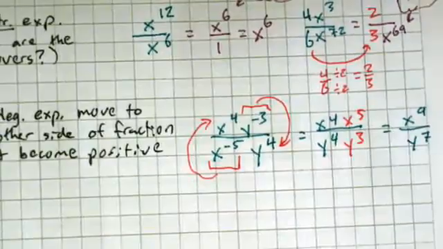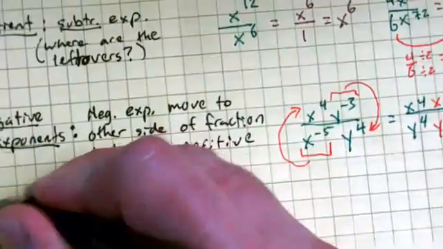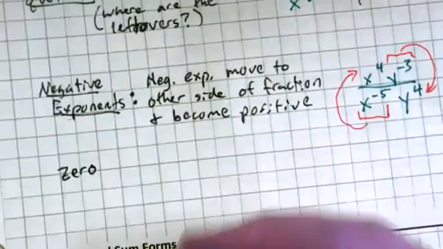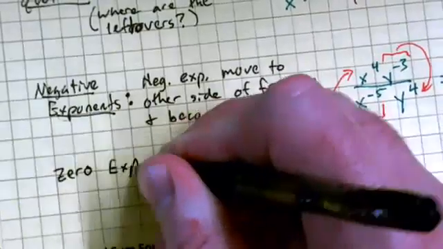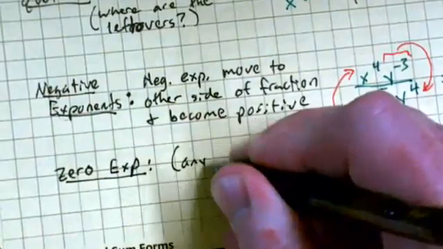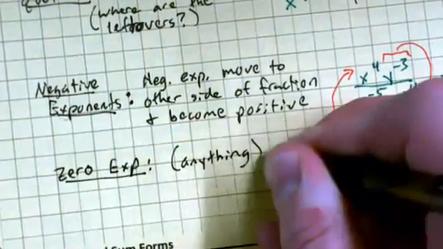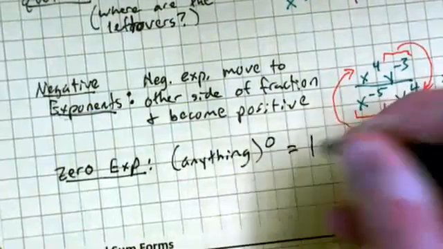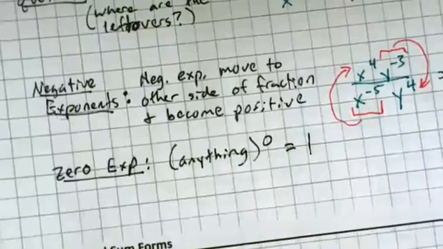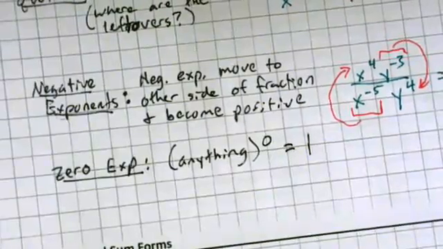So that's what we need to know about zero exponents. Let's write some notes down. Some examples. Zero exponents. Anything to the zero power is 1. There's one exception to this. You cannot do zero to the zero. That is undefined.